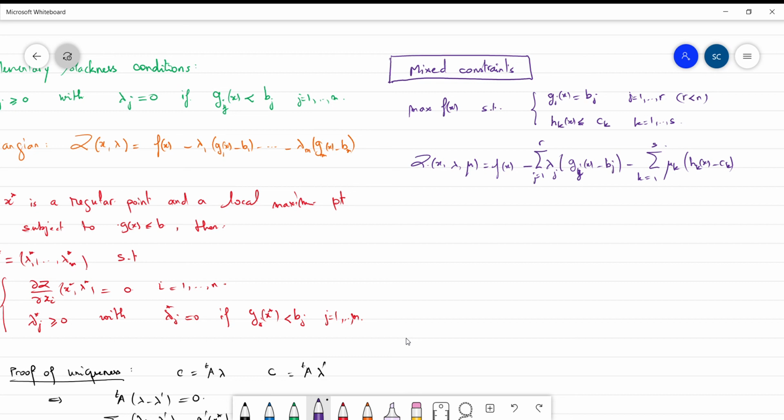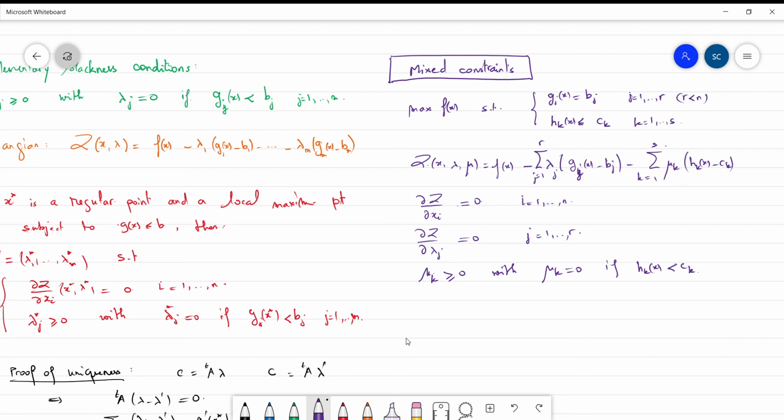Then we will have the conditions: dL/dx_i equals 0 for i from 1 to n, dL/d lambda g equals 0 for g from 1 to r, and the condition on the coefficients, mu k positive, with mu k equal 0 if h_k of x is strictly inequality.